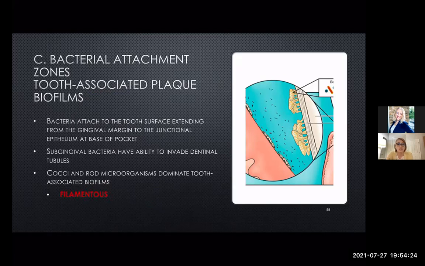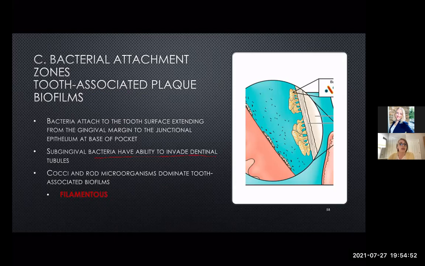And we're actually going to see this all the way from the marginal gingiva, the gingival margin, to the junctional epithelium. Bacteria is just going to cover that epithelium. And then those subgingival bacteria have the ability to invade the dentinal tubules. Now we're starting to see some real big problems.